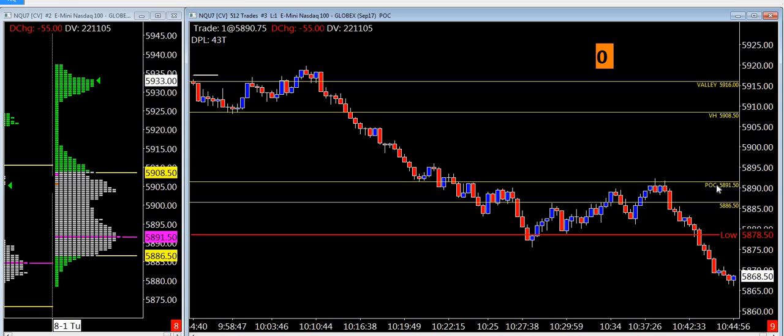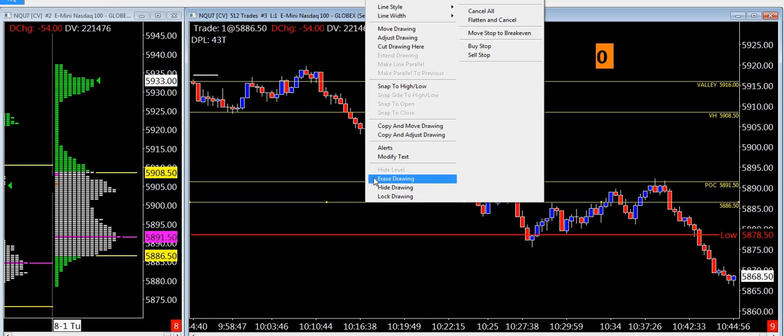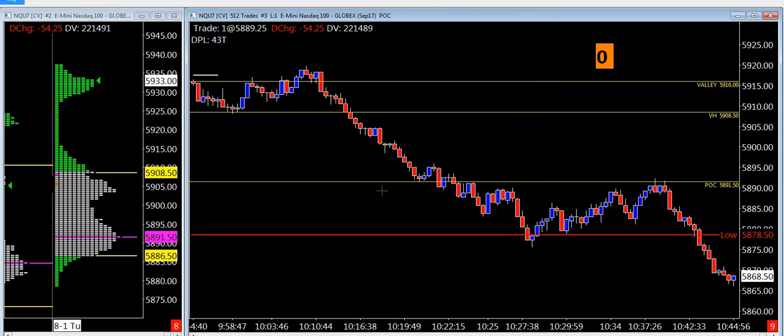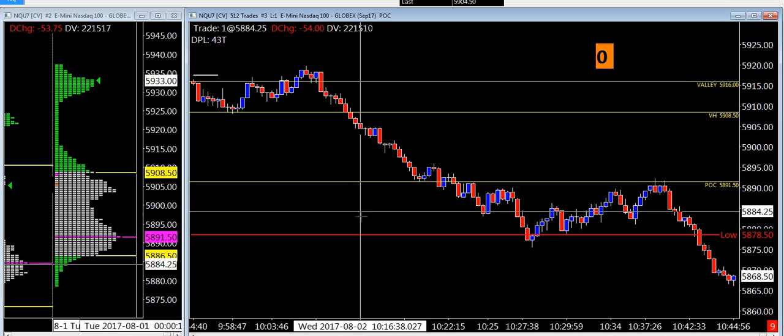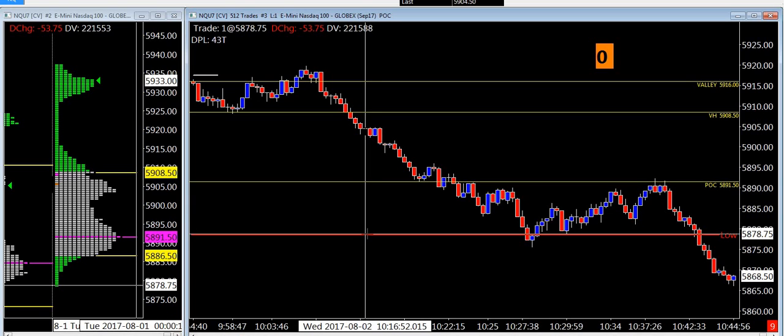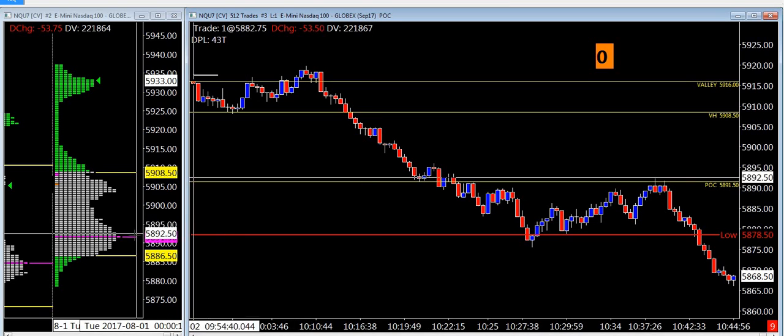As you can see, there doesn't seem to be a lot of room there to play with. I mean, it's 20 ticks. If you want to get 20 ticks, if anything, you could just leave the point of control and the extreme in this particular case.